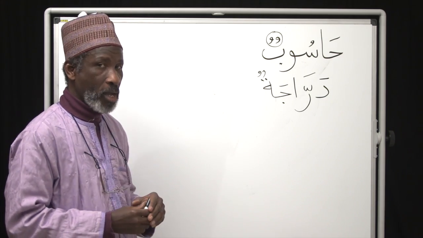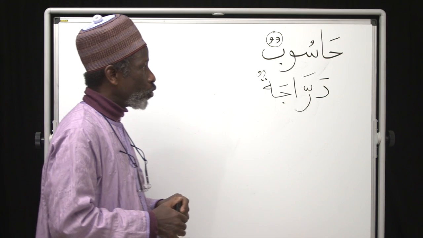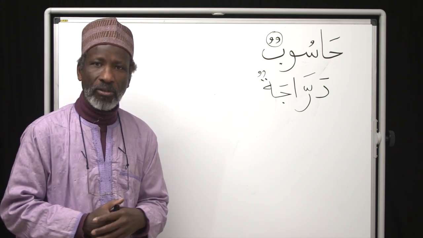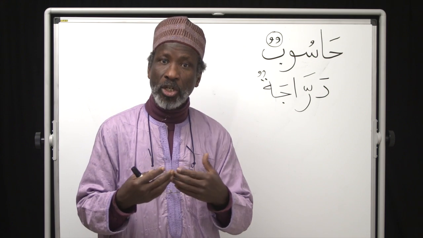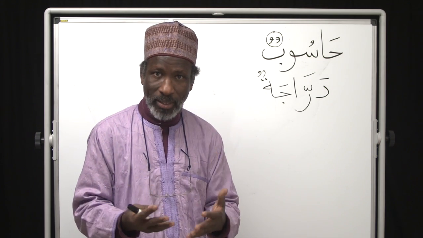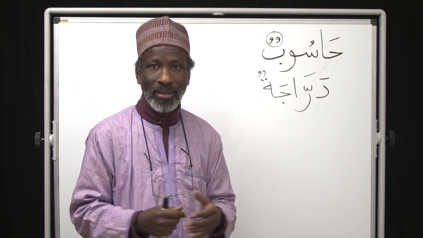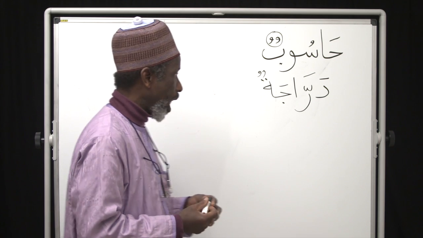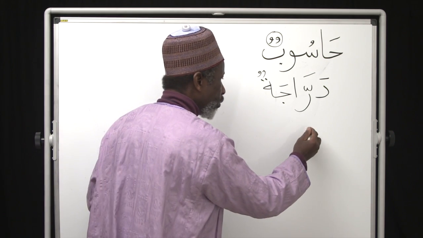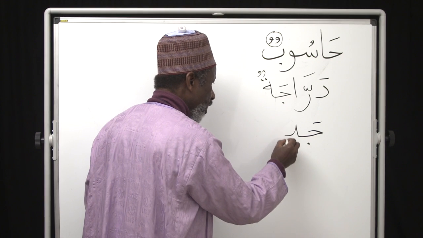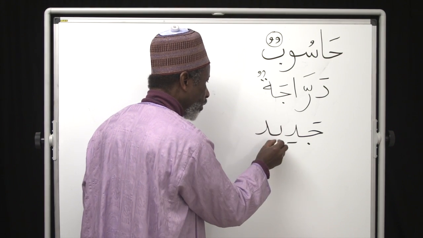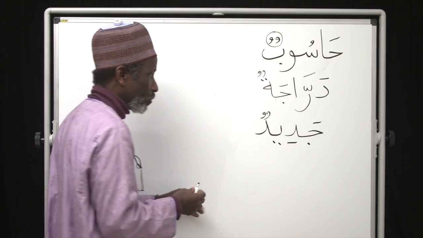Good so far. Let me give you an adjective word. What's an adjective? An adjective is a description word, a word that describes something. So let's give you jadidun.